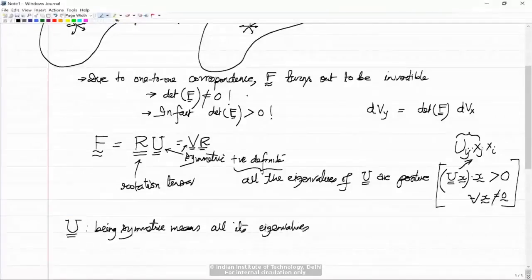You must have learned this in your math class, or if you have not, you will certainly learn it down the line. Have you learned this yet? All its eigenvalues must be real for a symmetric matrix. Furthermore, the corresponding eigenvectors are perpendicular to each other.